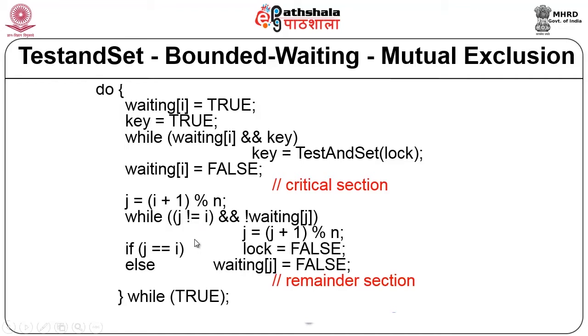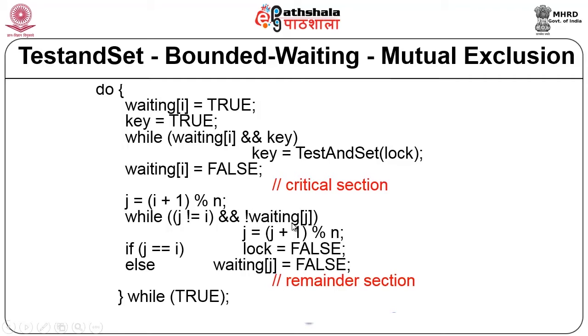Now, if j is not equal to i, and if not waiting[j]: if waiting[j] is false, it means that the other process is not waiting.